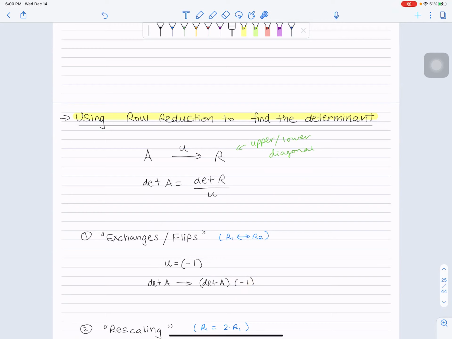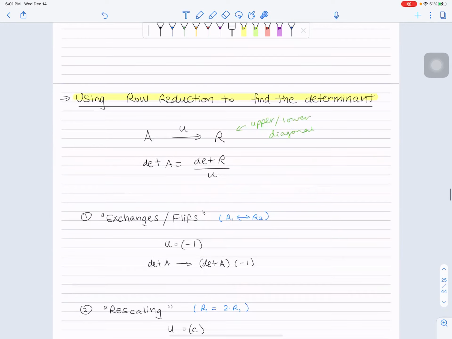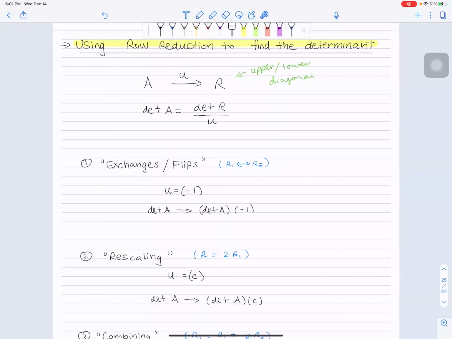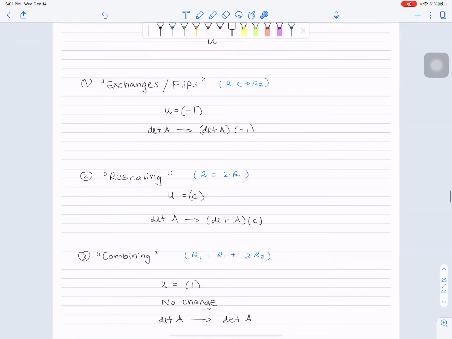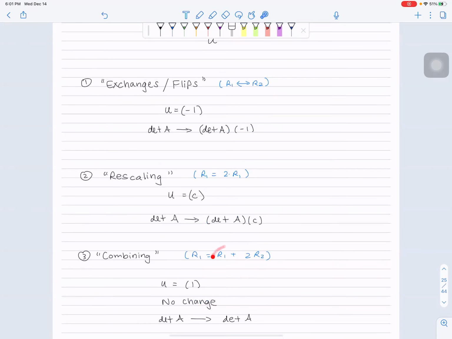So in order to get back to the original matrix, I would take my reduced determinant R and divide by -1. Scaling a row multiplies the determinant by that constant. So if I want to go backwards, I divide by that constant. And combining rows doesn't change the determinant.